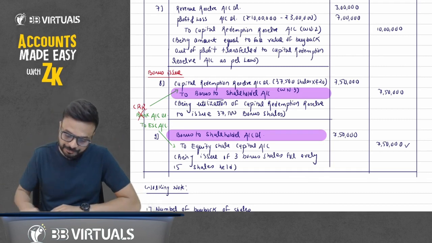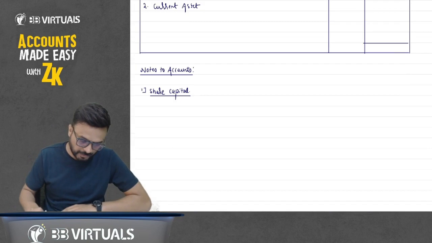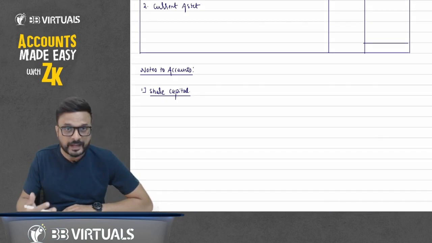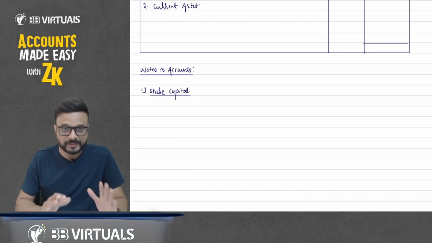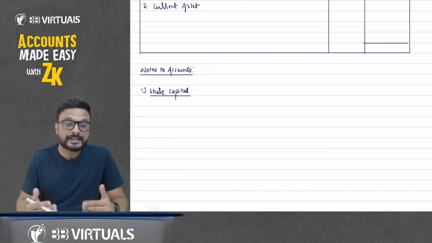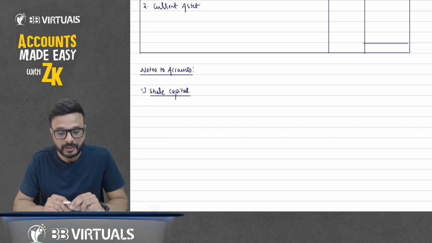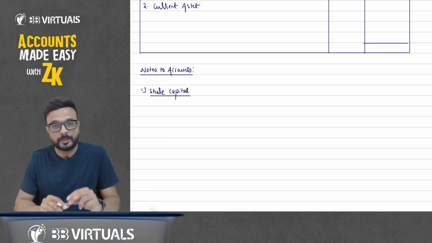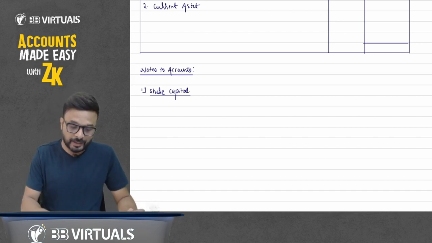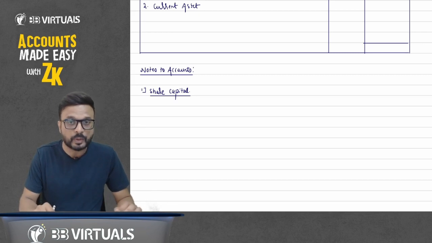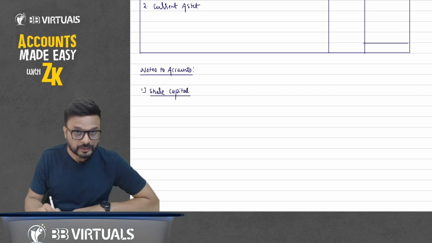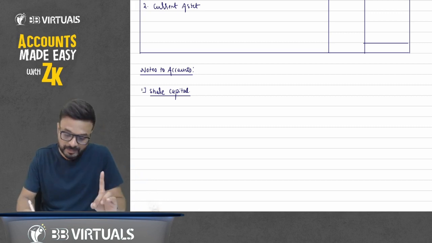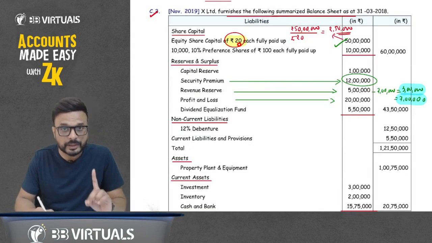So write down here in notes to account number 1. In notes to account, we can calculate the number of shares also. How much is the amount of equity share capital? 50 lakhs minus 12 lakh 50,000 plus 7 lakh 50,000, that comes 45 lakh. And one share is of rupees 20 each. So divided by 20, that comes 2 lakh 25,000. How much is the face value of share? 20.